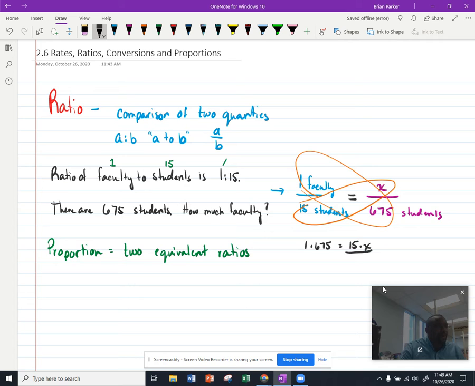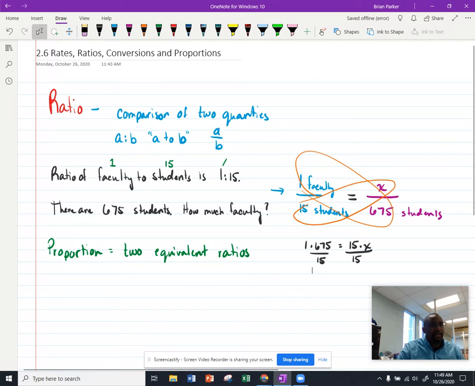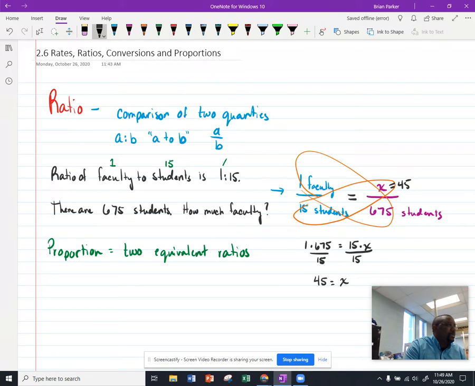Then I'll divide by 15 on both sides. 675 divided by 15 is 45, so 45 equals X. If you have 675 students, then you have 45 members of the faculty. That right there is example 1.